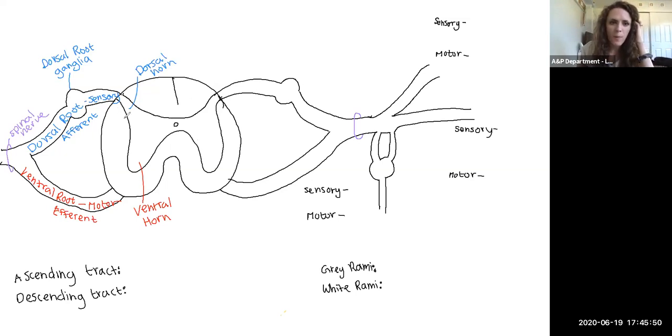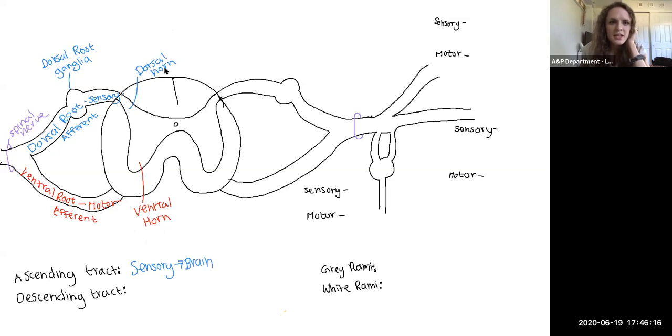Your tracts is what we call them. These axons that are going to take information to the brain and back. Your ascending tract is going to take sensory information to the brain.